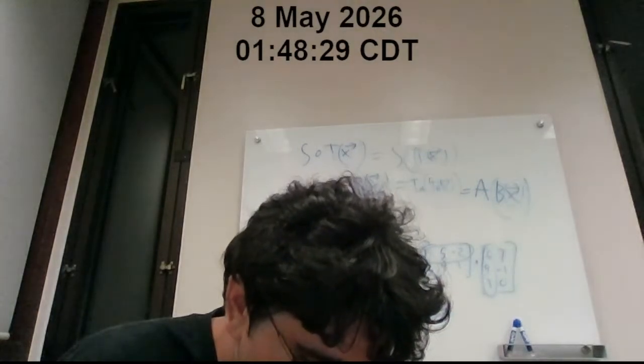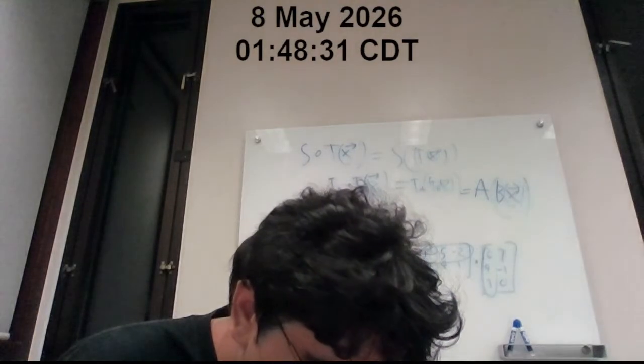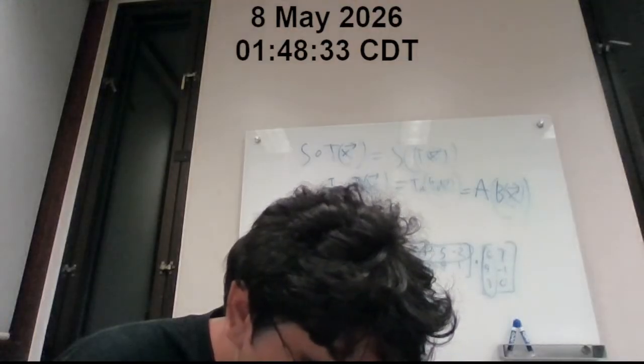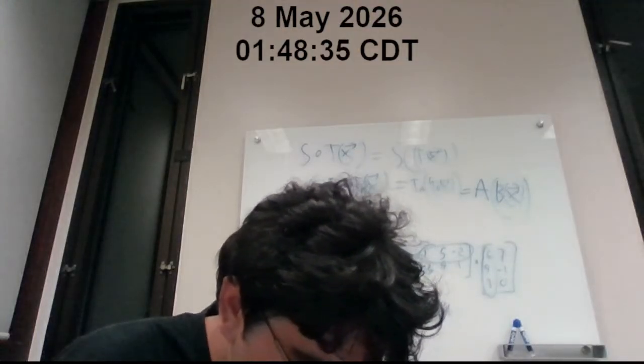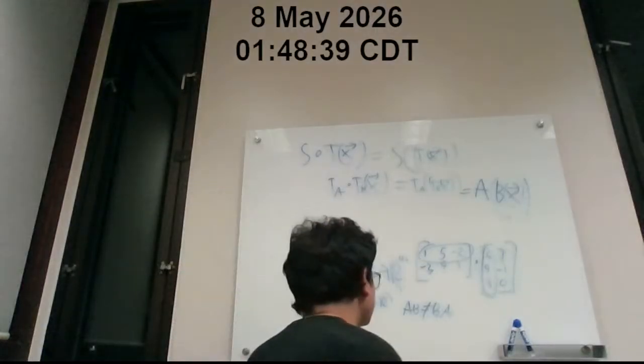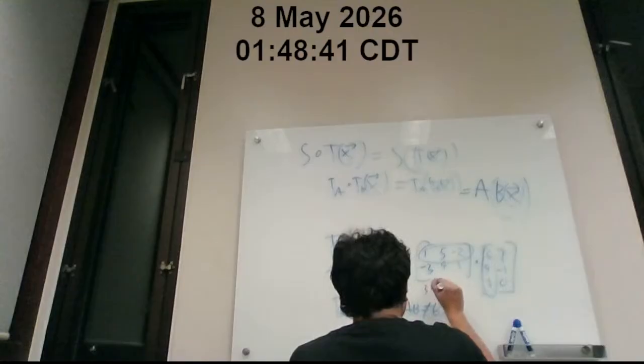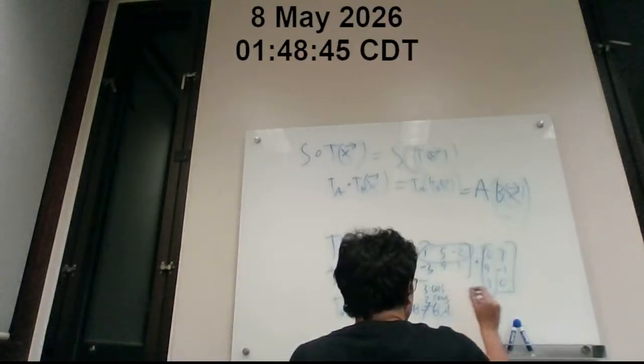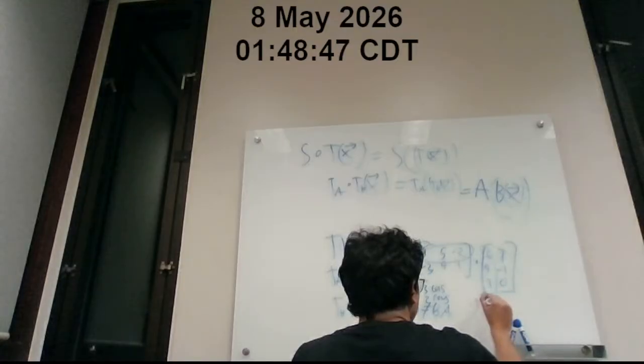Okay, I'm a visual learner, so I gotta take notes. So this has 3 columns, 2 rows. And then this has 3 rows, 2 columns.